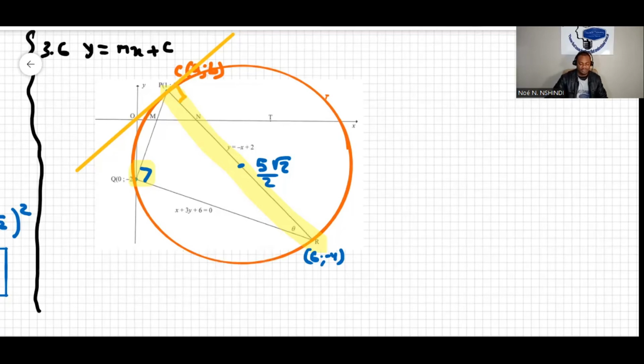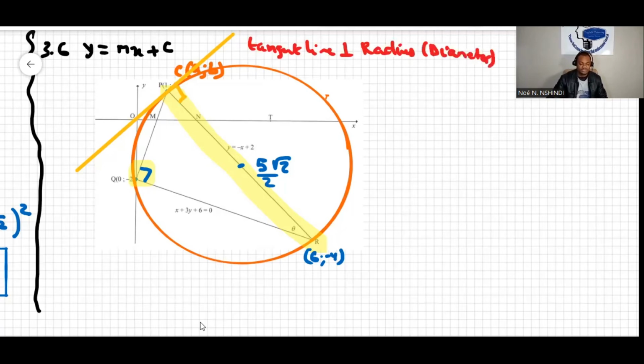And the tangent line must be perpendicular to the radius or to the diameter of the circle.